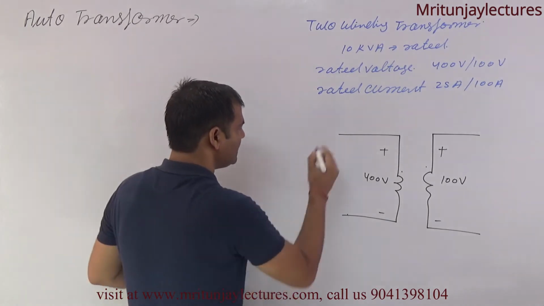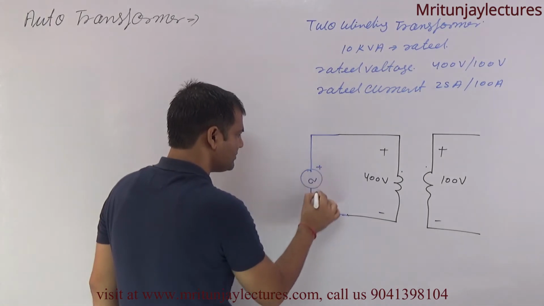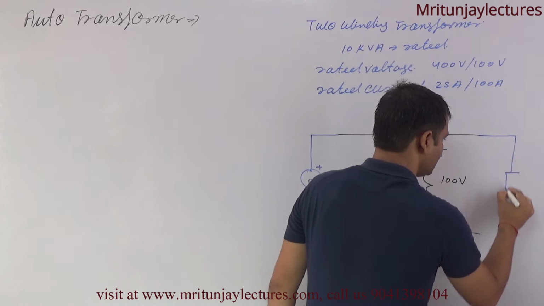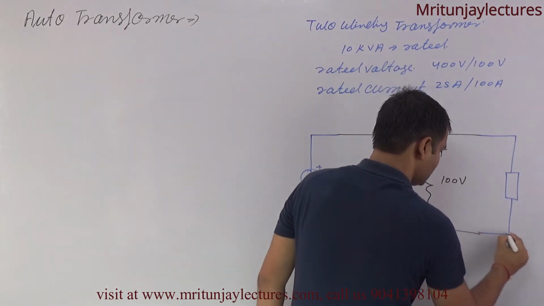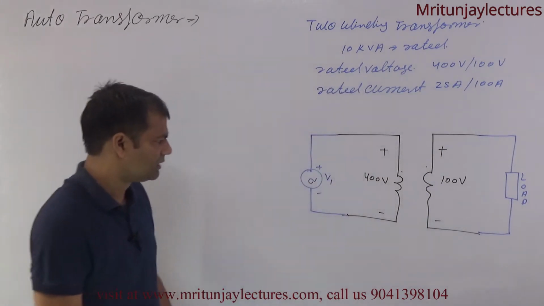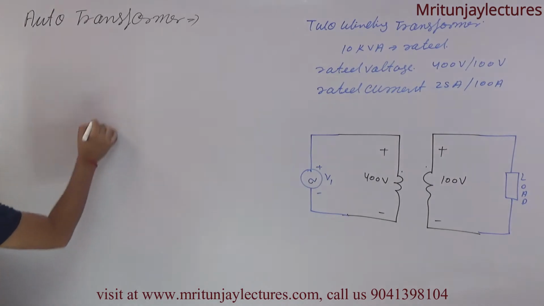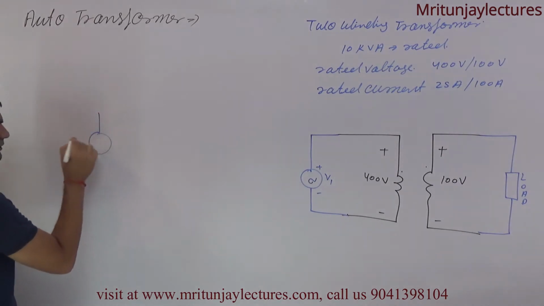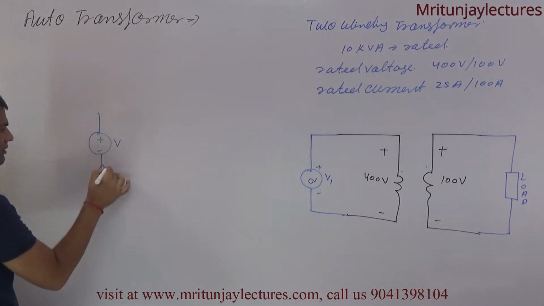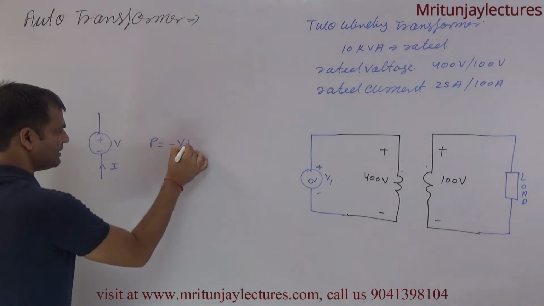If connected here a voltage source, that is V1, and here connected a load, that is load. Now I know that if current is passing through minus terminal to plus terminal, that is negative power.